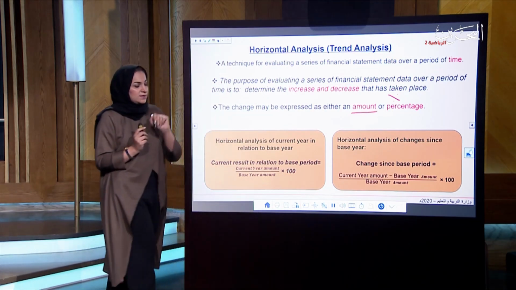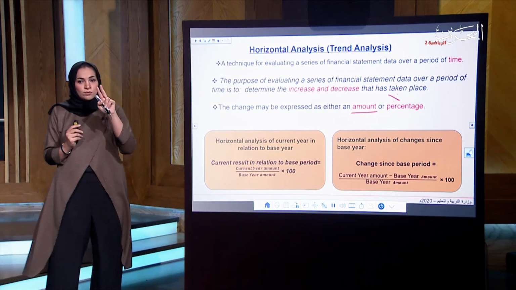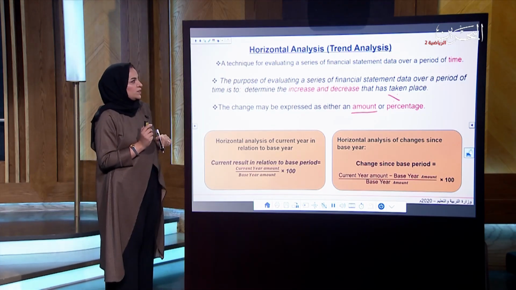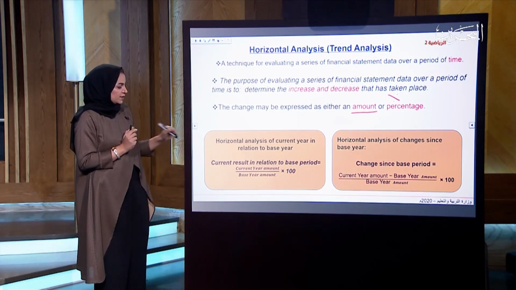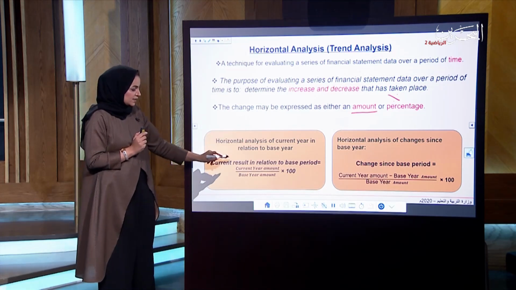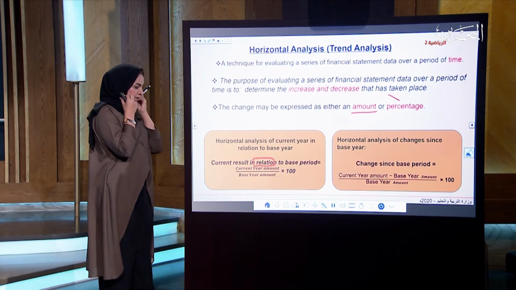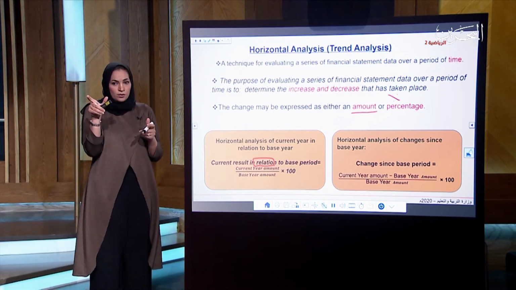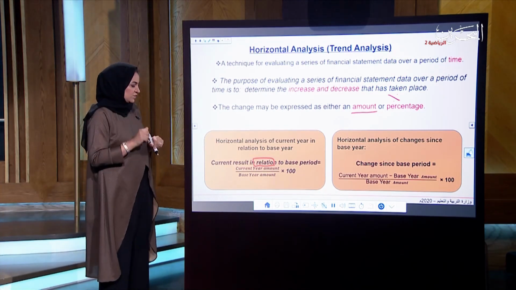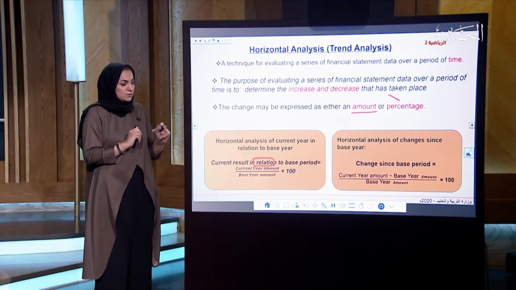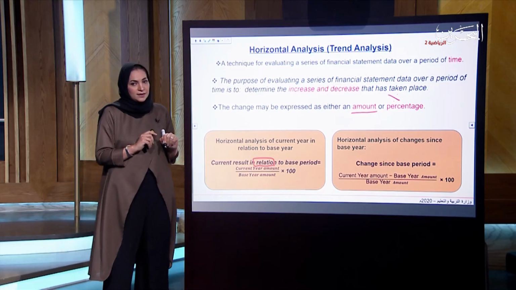Okay, we have 2 formulas that we apply in measuring the horizontal analysis. The first formula, current result in relation to base period. When you say in relation, the current year amount divided by the base year amount multiplied by 100.